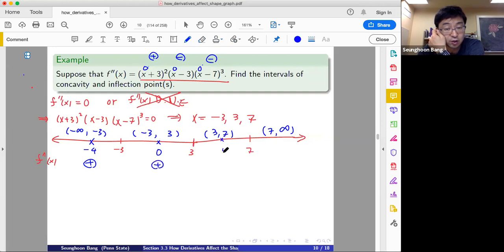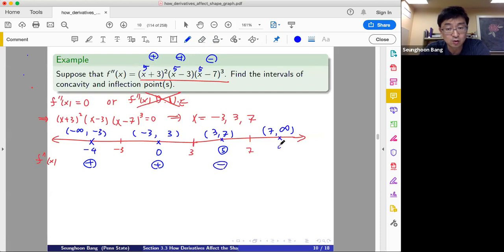You can choose 5 and plug it into x. 5 plus 3 is positive, 5 minus 3 is positive, 5 minus 7 is negative. We have only one negative, so this is negative.